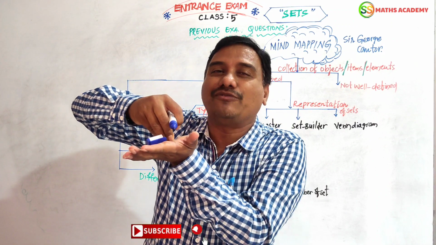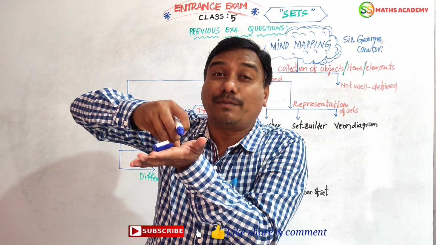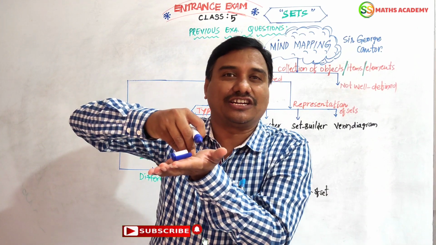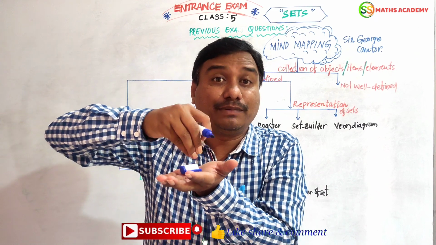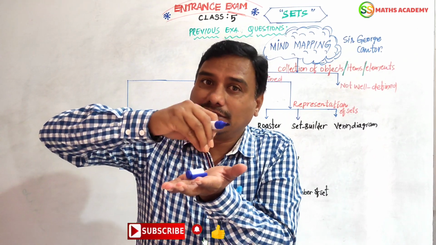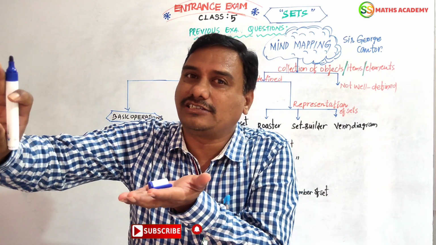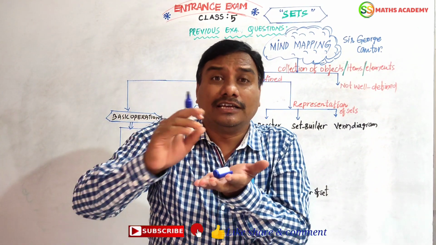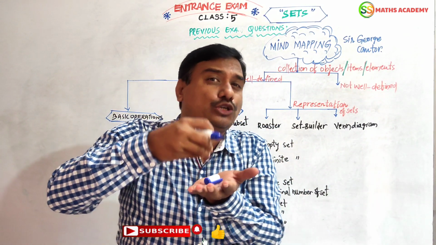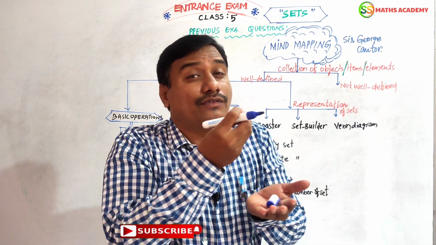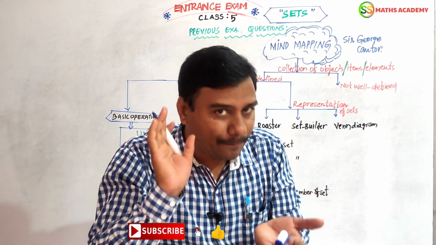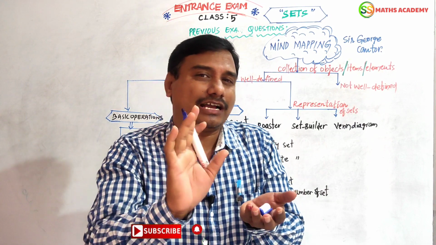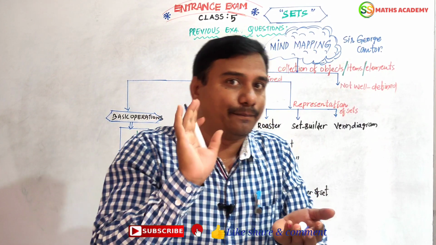They must have a common property or common feature, a particular definition. Then we can say those things are called a set. It should be possible to decide whether an object belongs to the set or not.